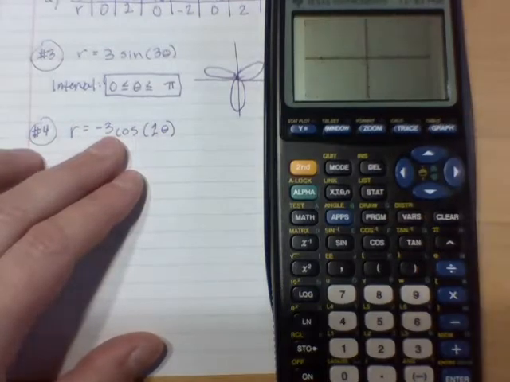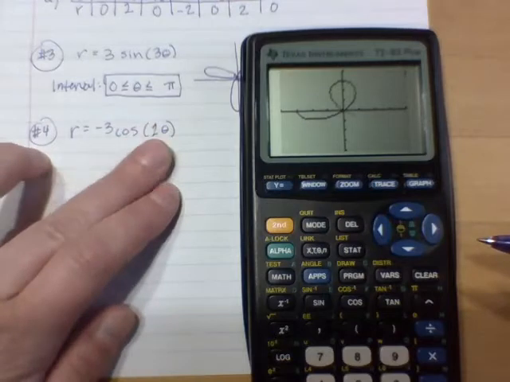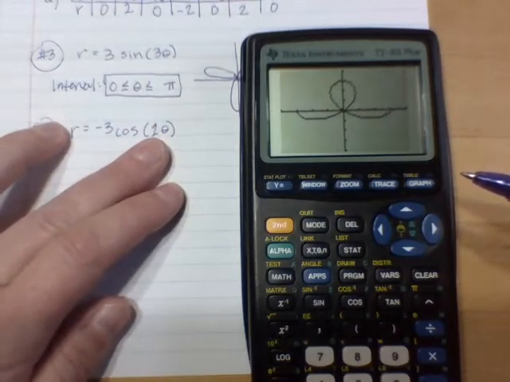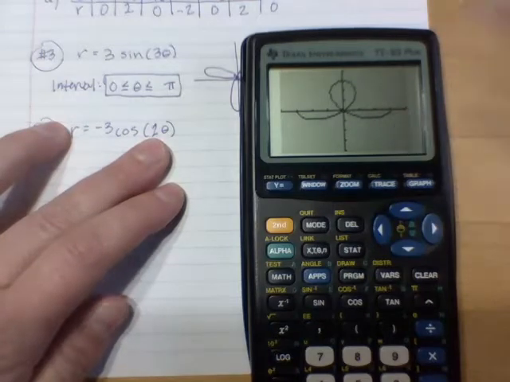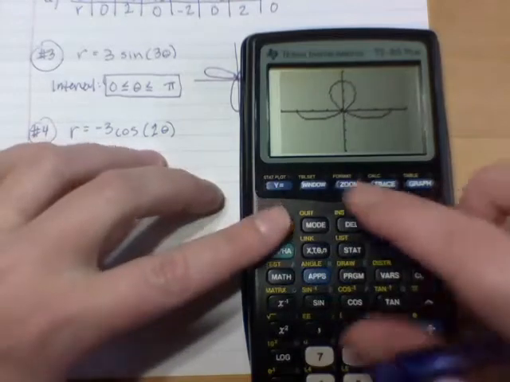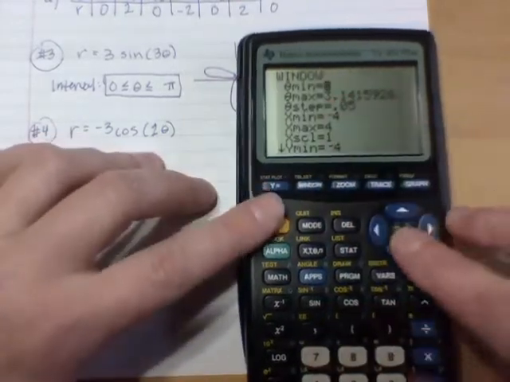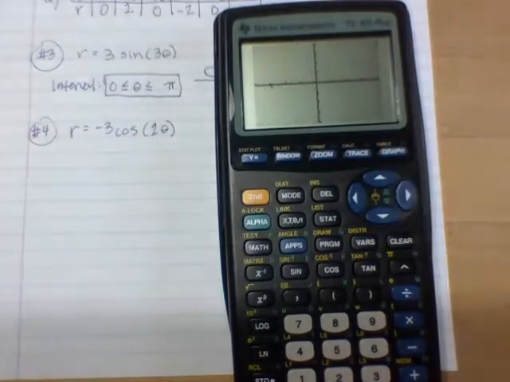So if we graph, again, this is going to pi. We know there's going to be 4 petals. So, oh, okay. So only halfway, it looks like, has happened on pi. So I still need this piece, this one, and that one. And so if I think that it's going to pi, we'll try 2 pi for the ending of that.